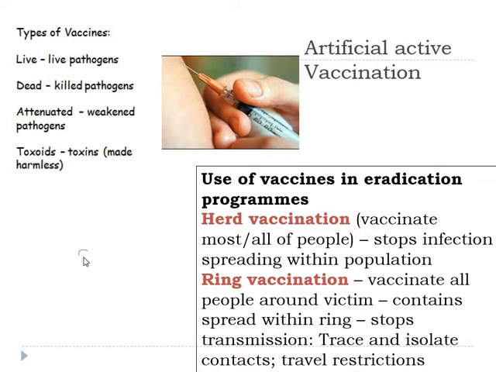Let me see if I can draw some people. These are my little people in an area, and all these people in red on the outside are immune to something. The idea of herd vaccination is that the vast majority of people are immune; the UK government have quoted 60%, but it just means the vast majority of people in an environment are immune to a particular type of pathogen.